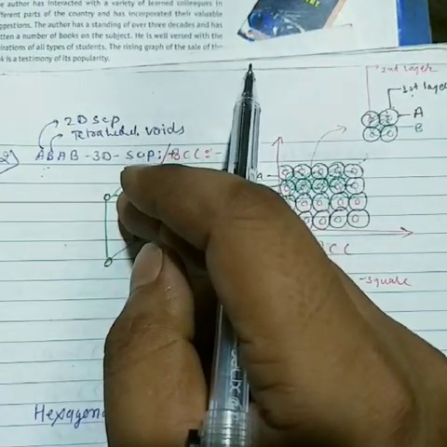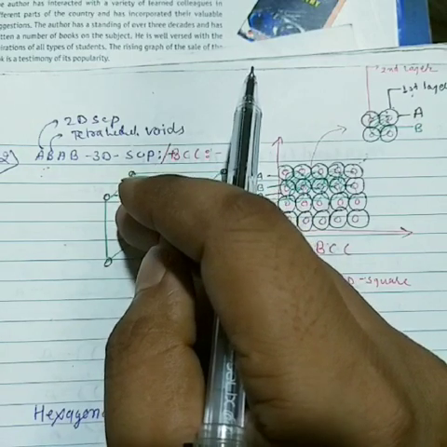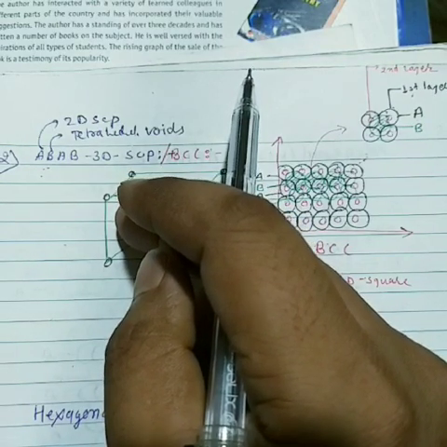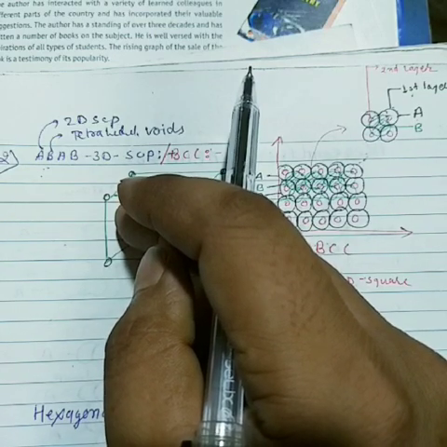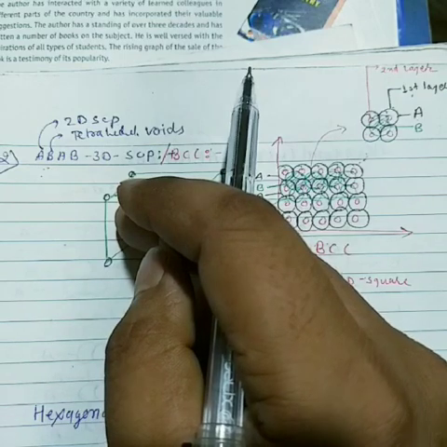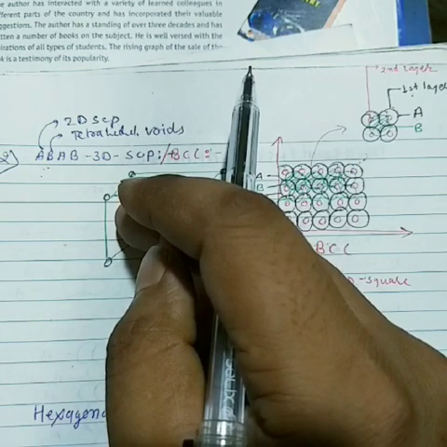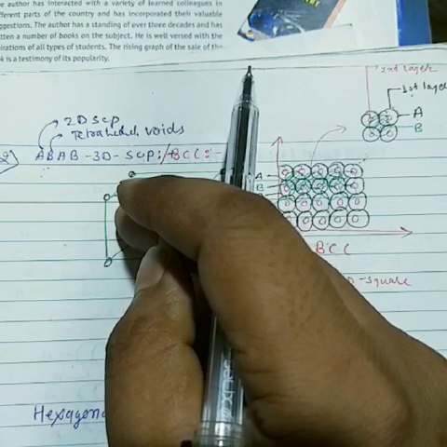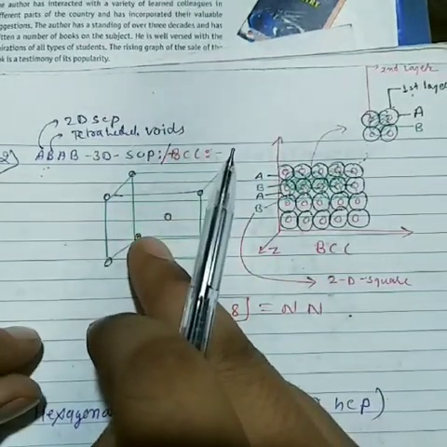Now, initially in this video I am telling you, students, the importance of the coordination number. You will see that the formation of voids depends on it, that is, in which substance which void forms. It is completely dependent on the coordination number.